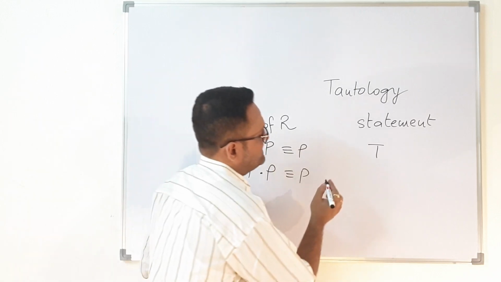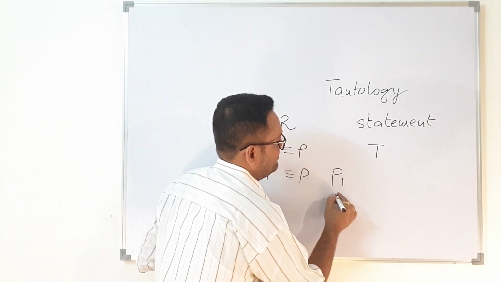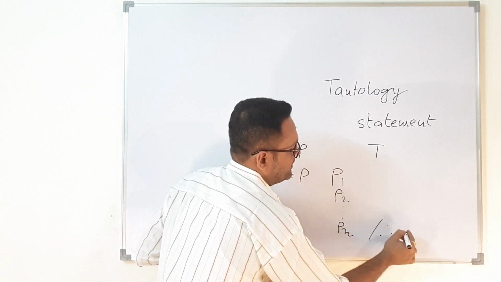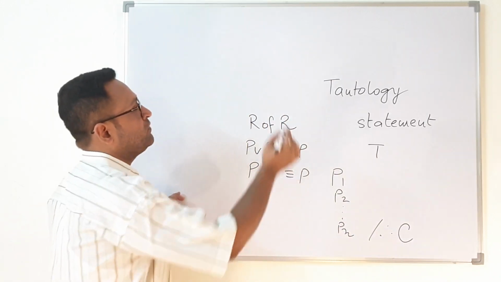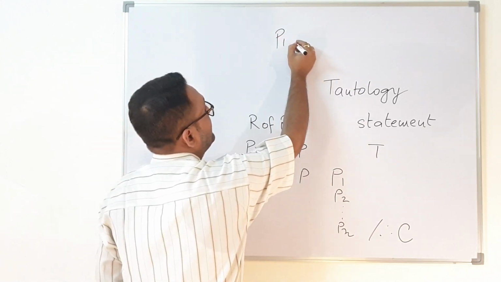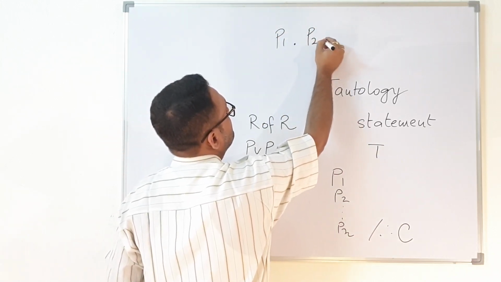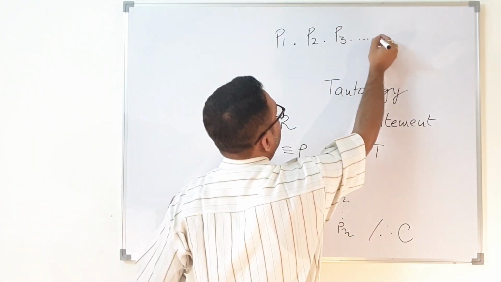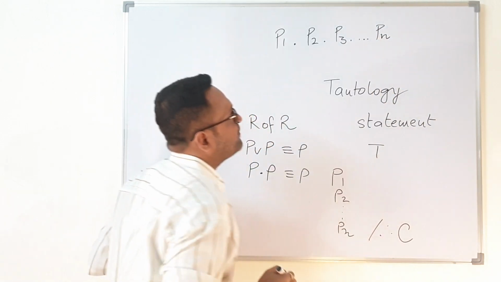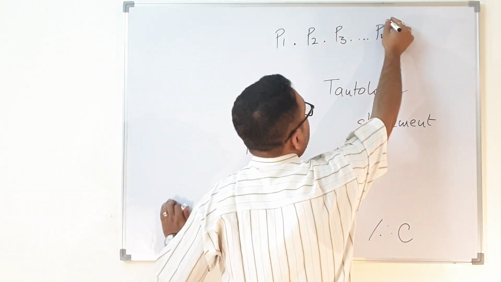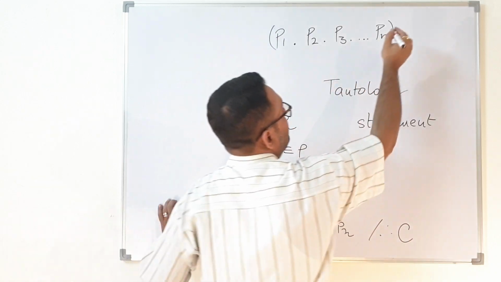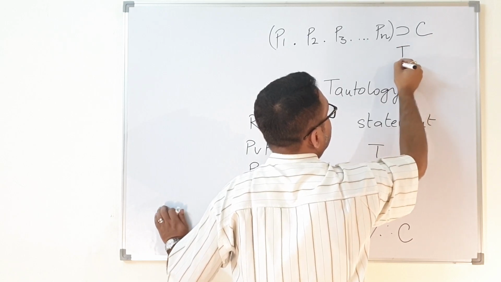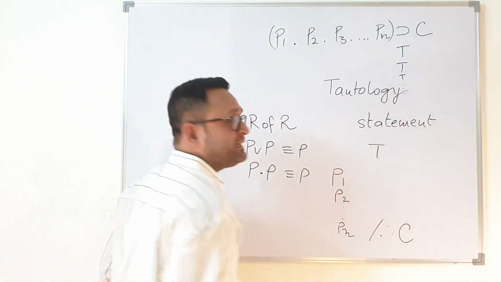If you remember, I said that if we have premises P1 up to Pn and the conclusion is C, then P1 conjunction P2 conjunction P3, up to Pn, implying the conclusion, will be a tautology, right?